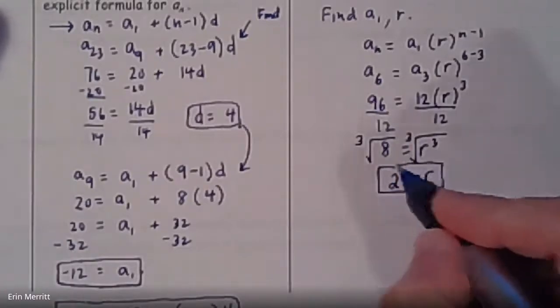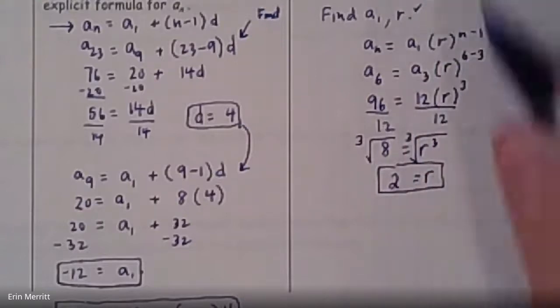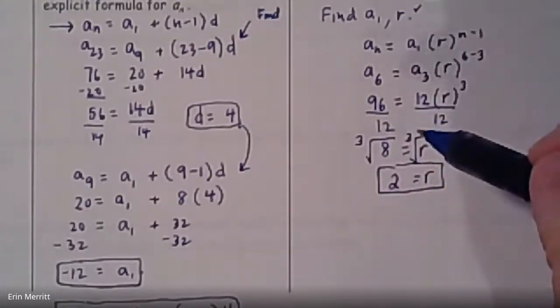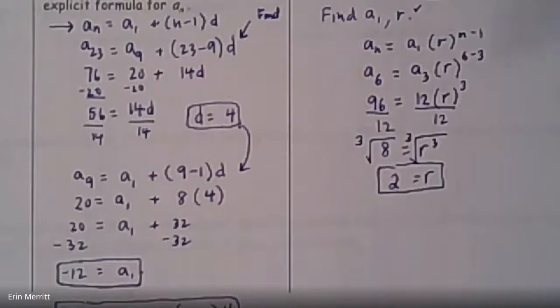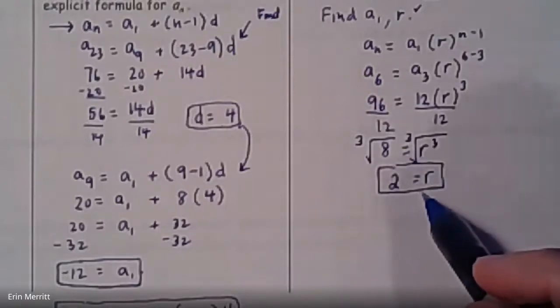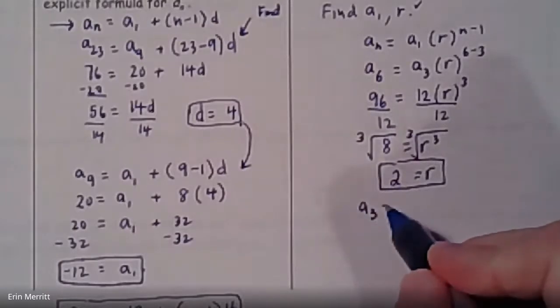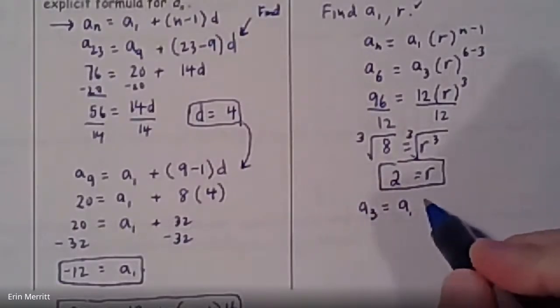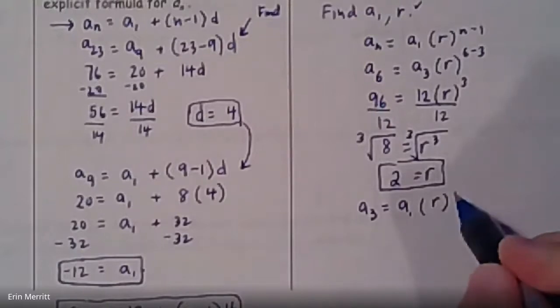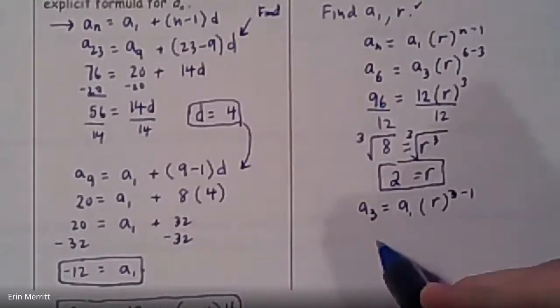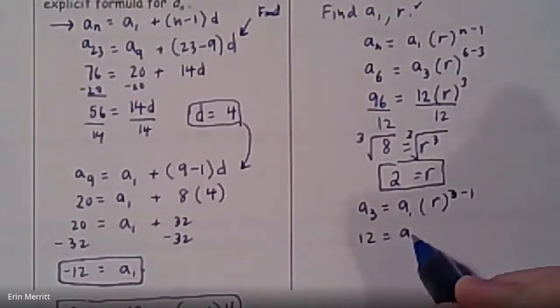So we've checked off one box from up here. We need the first term now. To get the first term, we've got to work a little bit further backwards. That means to get from the 3rd term back to the first term, it's times r to the 3 minus 1. This is 12. I want this guy.